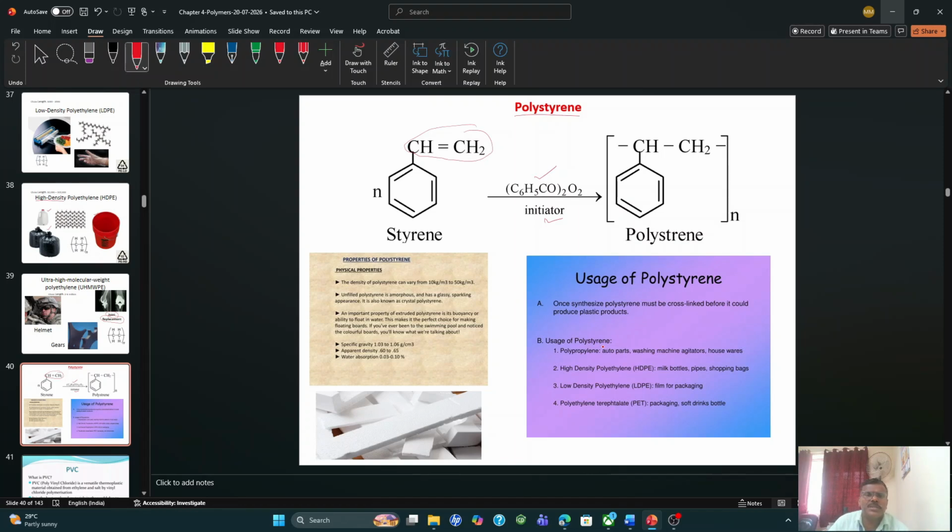And its properties: its density is 10 kg per m cube to 50 kg per m cube, and polystyrene is used for preparing thermocol materials.